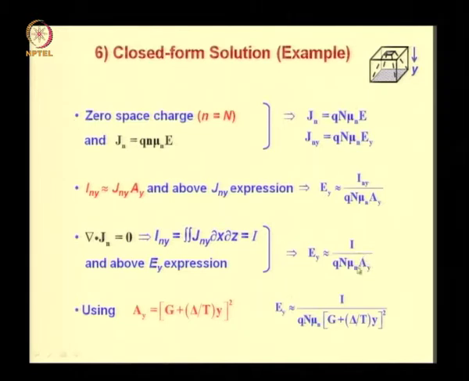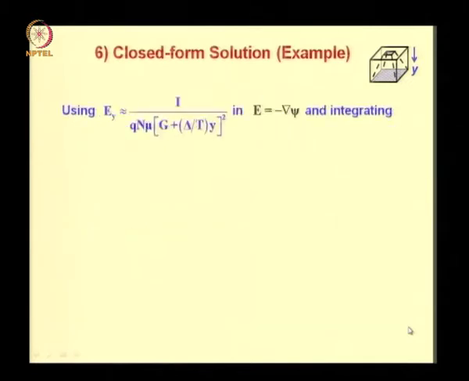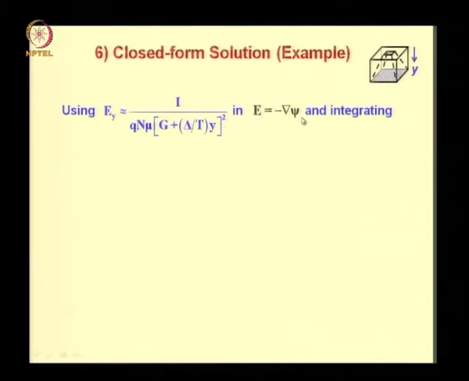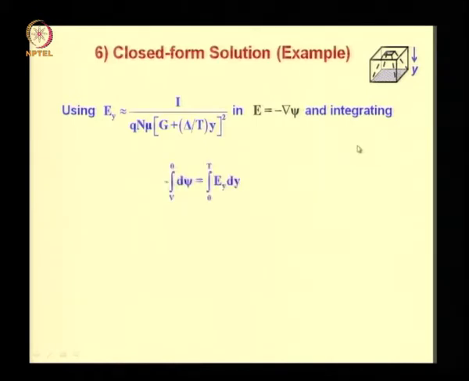All that we have done is replaced Ay by this formula. Now using this formula for Ey in terms of the current I and the area at any y, in the formula E equal to minus gradient of psi, by integrating you can get a relation between the applied voltage and the current as follows.